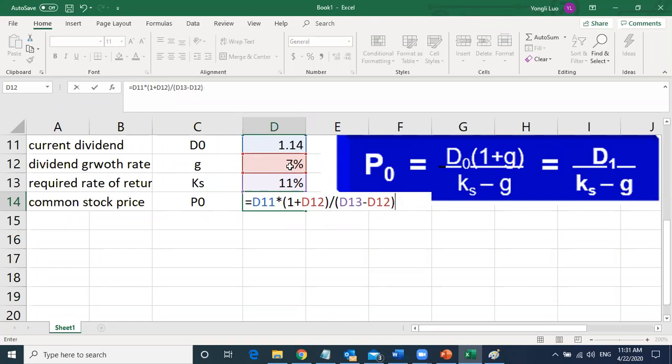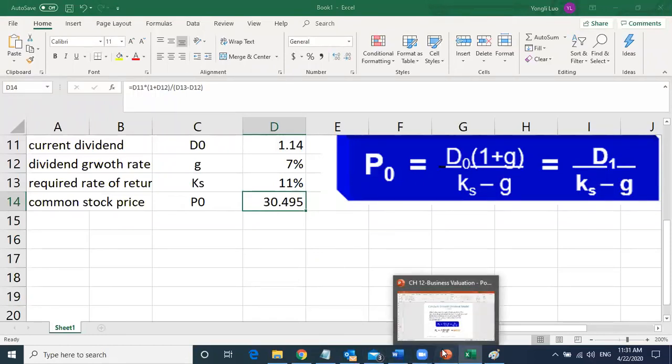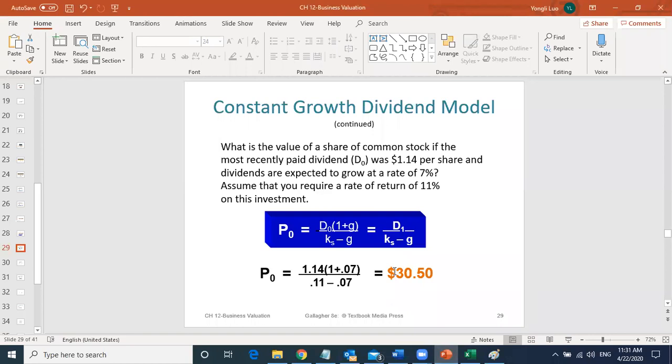That's the formula. You just click enter. So the common stock price is $30.50.